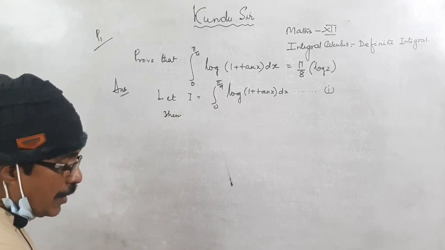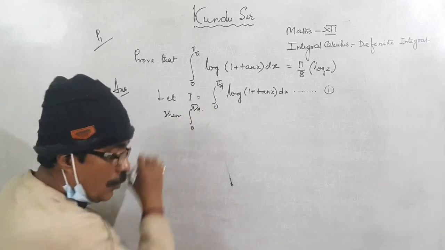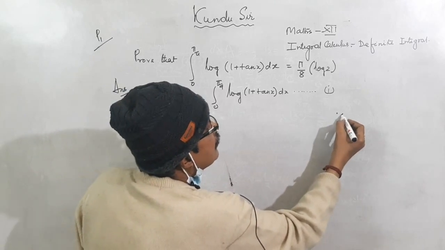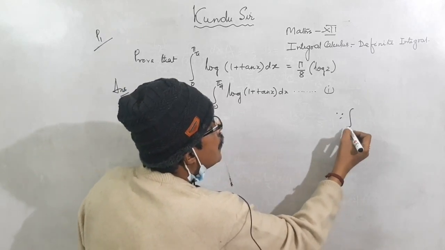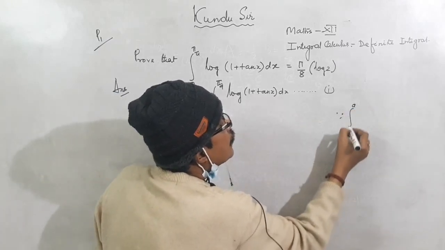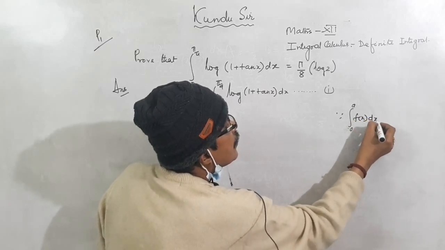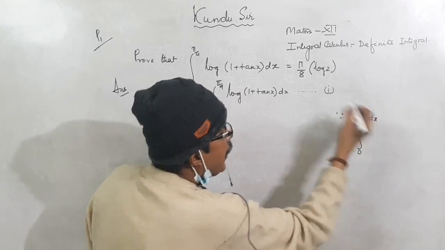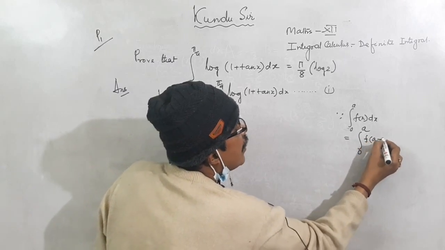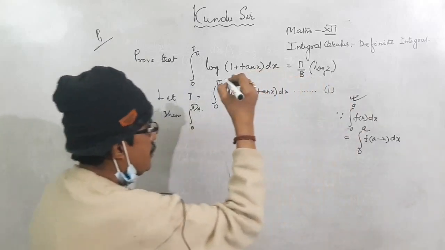Then we can write the integral from 0 to pi by 4, and in the last class I have also written this, since the integral from 0 to a of f(x) dx can be written as the integral from 0 to a of f(a minus x) dx.